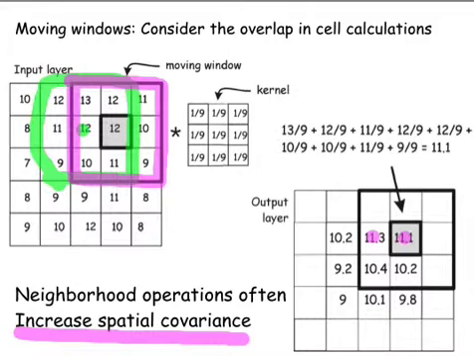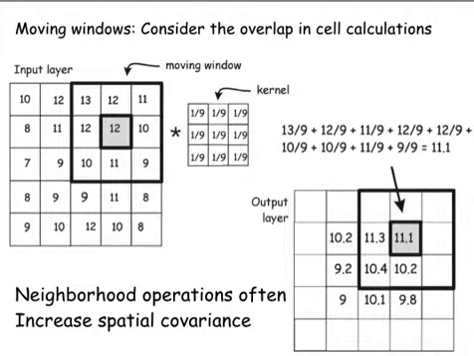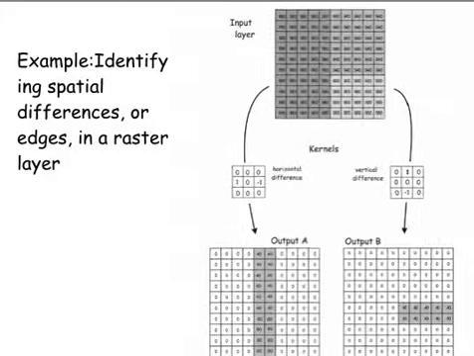Another thing you might notice is that the cells on the edge here don't have values. It's because the kernel can't be overlain on these outside areas because you're missing cells here to calculate. This kernel doesn't make sense because you're multiplying by some undefined amount. We can fix that, and we'll talk about how to in a couple of slides.